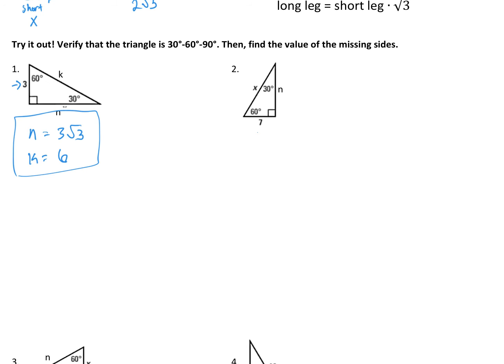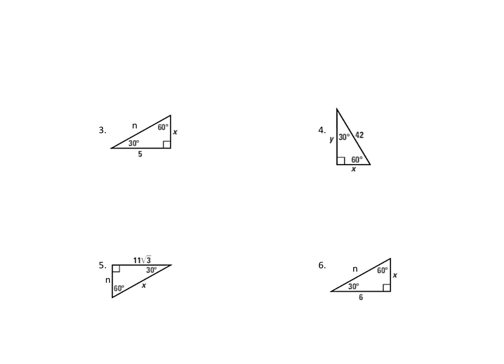Let's try this again. Shortest leg is 7. My n equals 7 root 3, and my x equals 7 times 2, which is 14. Next one, number 3, I don't have the shortest leg, but to find it, I just got to divide it by root 3, then I multiply by root 3 over root 3, which is x then must equal 5 root 3 over 3.